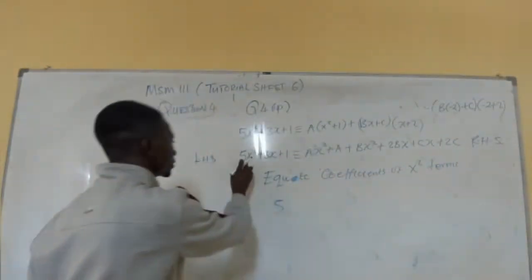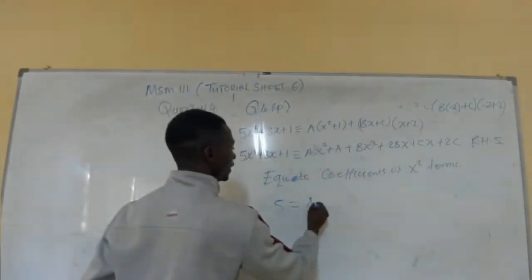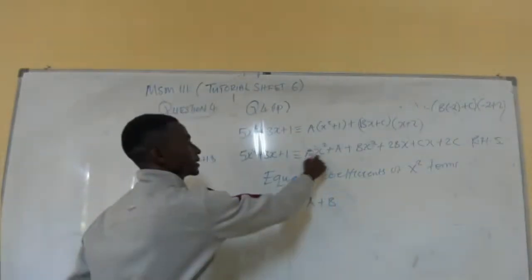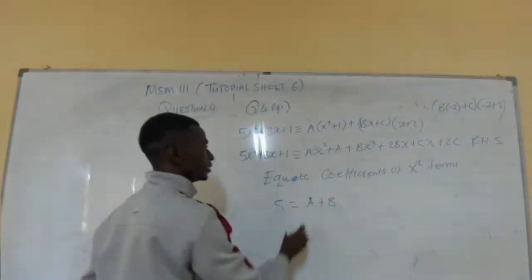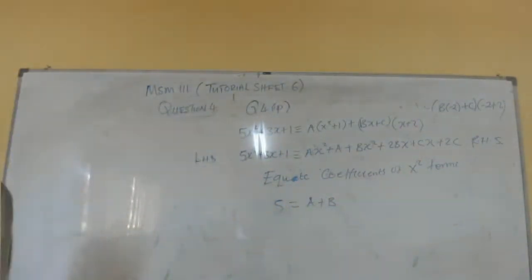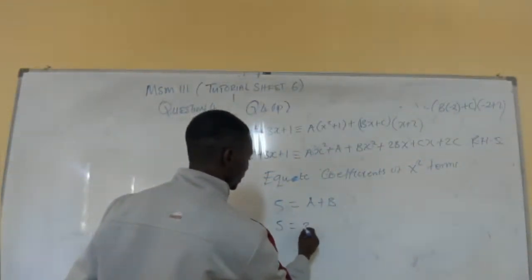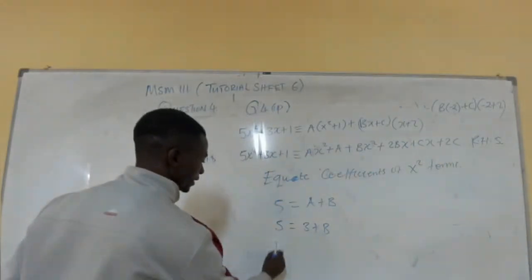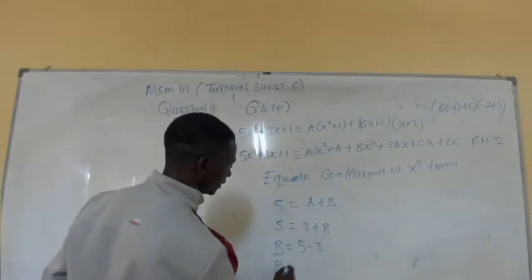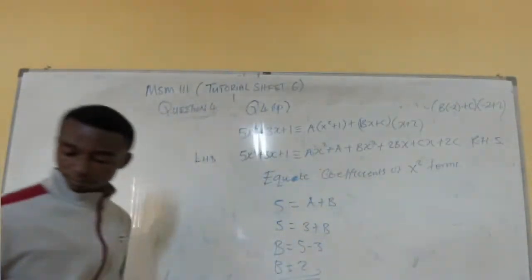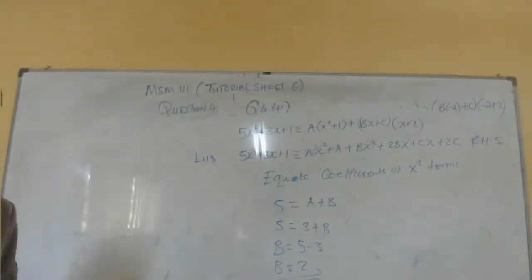You know the value of a is 3. So 5 equals 3 plus b. Now b is equal to 5 minus 3. So b is equal to 2.